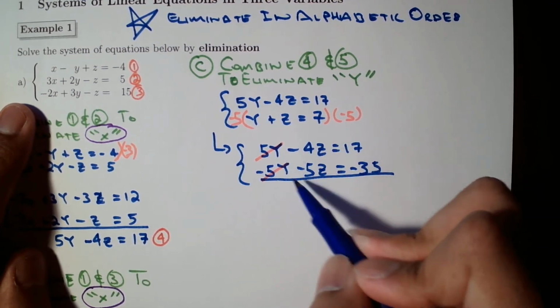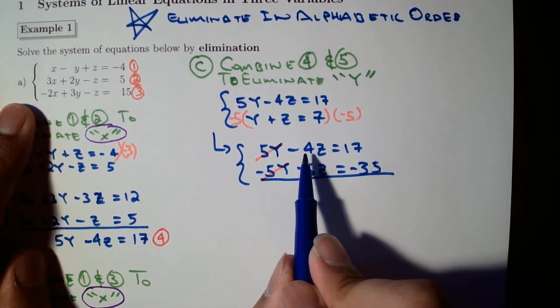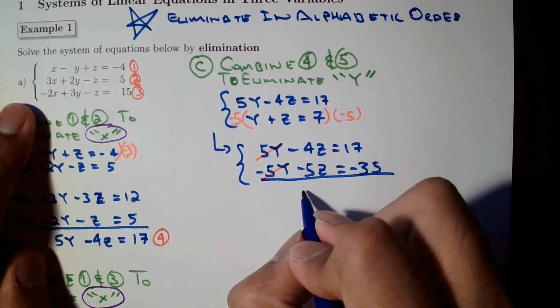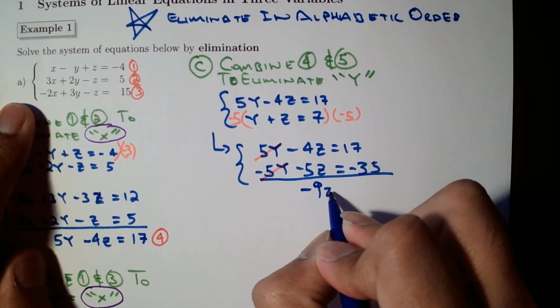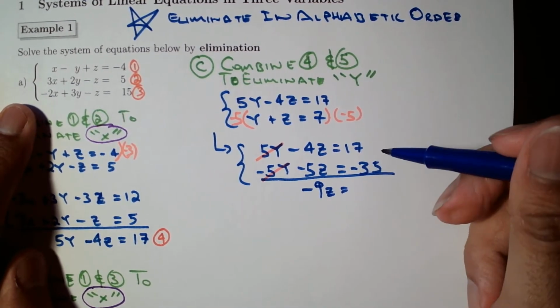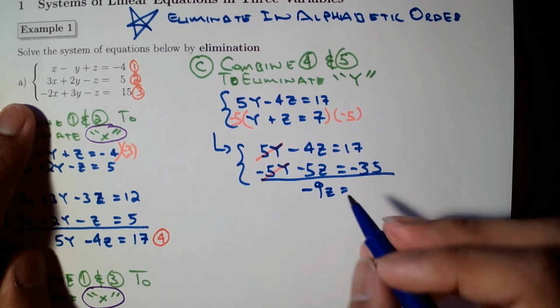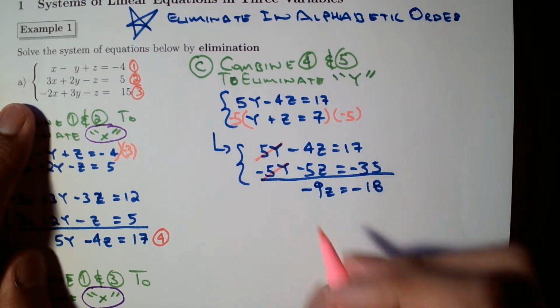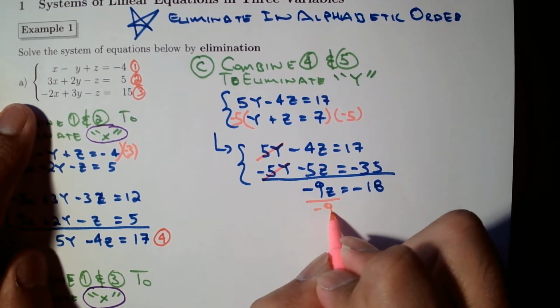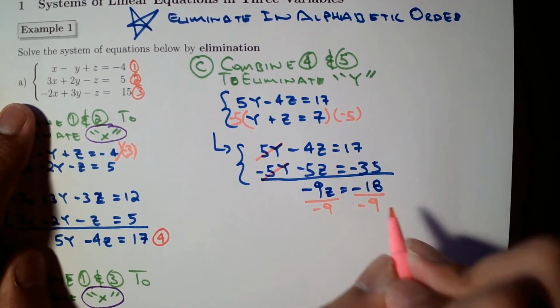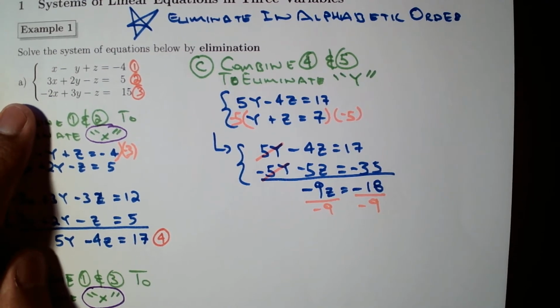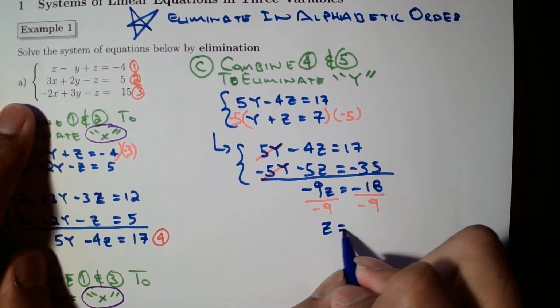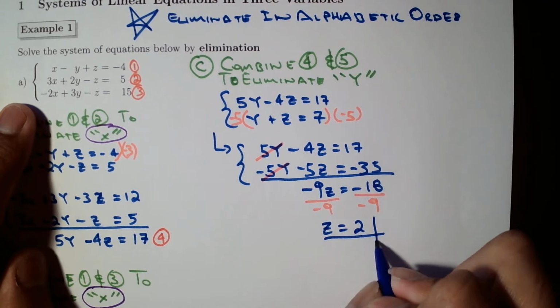So we combine these two together, negative 4z minus 5z, that's a negative 9z. And then 17 minus 35, that's a negative 18. And we're only one step away to get z by itself, and we get that by dividing both sides by -9, so z equals 2.